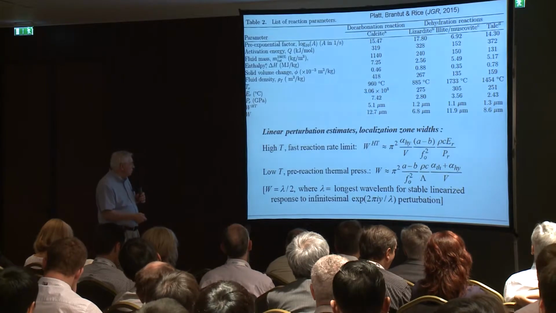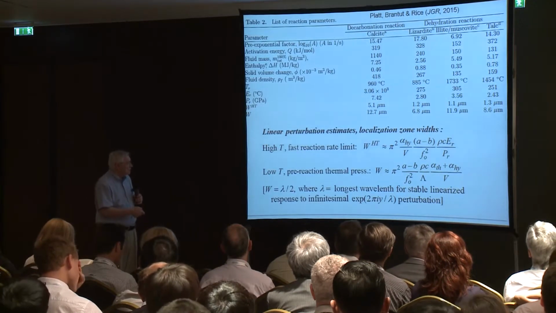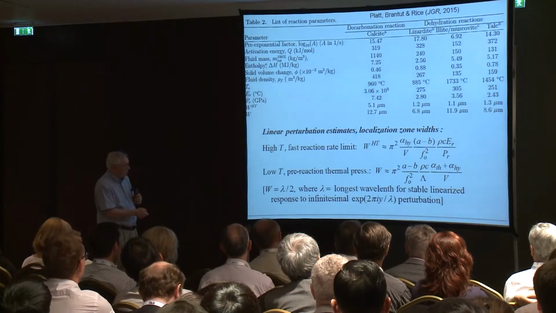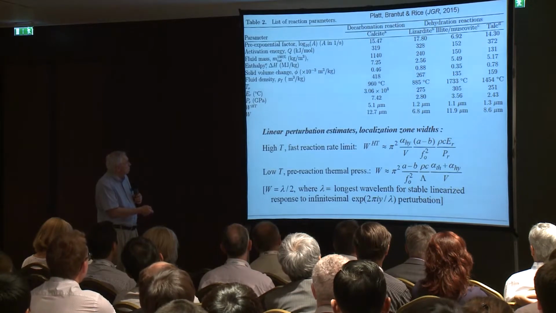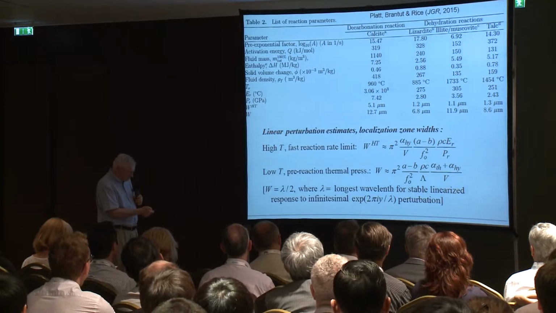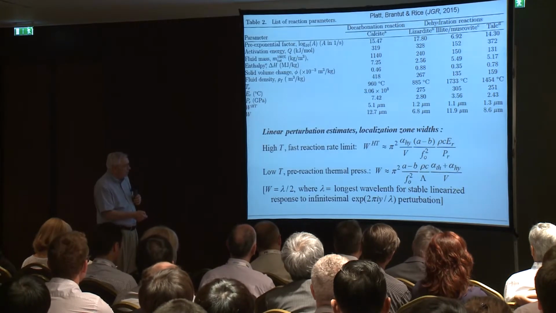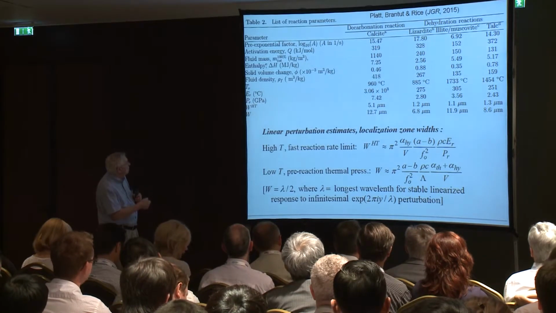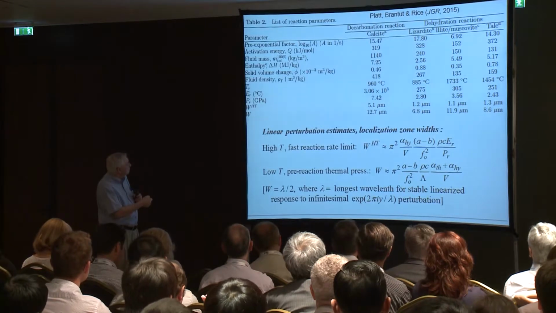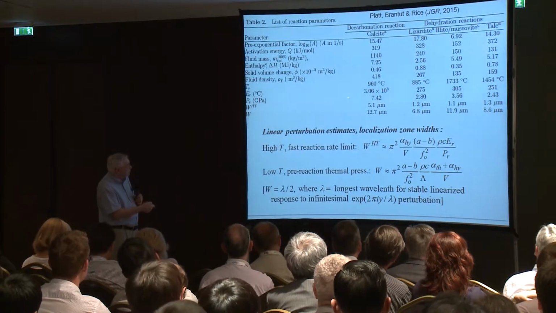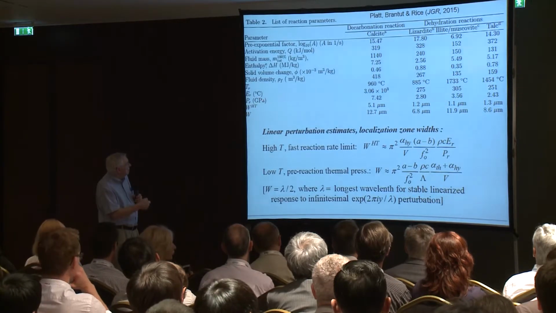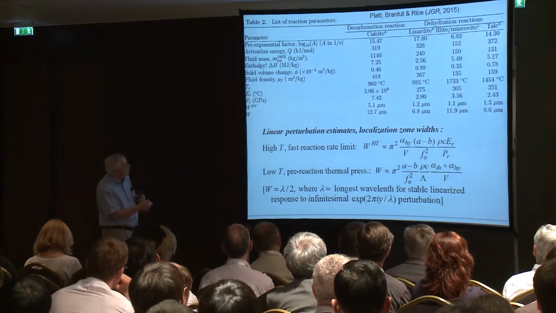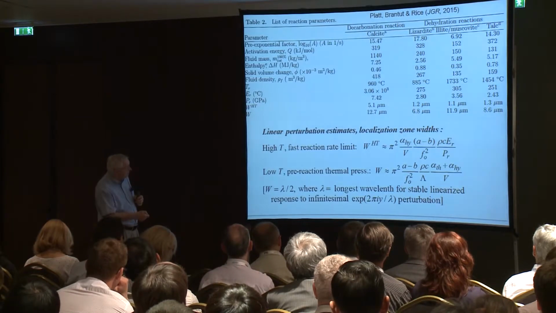So we could begin with a simpler calculation, though, which just does a linear perturbation estimate of the thickness of the localized zone. And we get something here which depends on these thermochemical parameters of the material, E and P, and they're kind of shown up here. They're combinations of these other parameters above, but they are functions of temperature and pressure, and are shown here for the decarbonation reaction and for dehydration reactions.